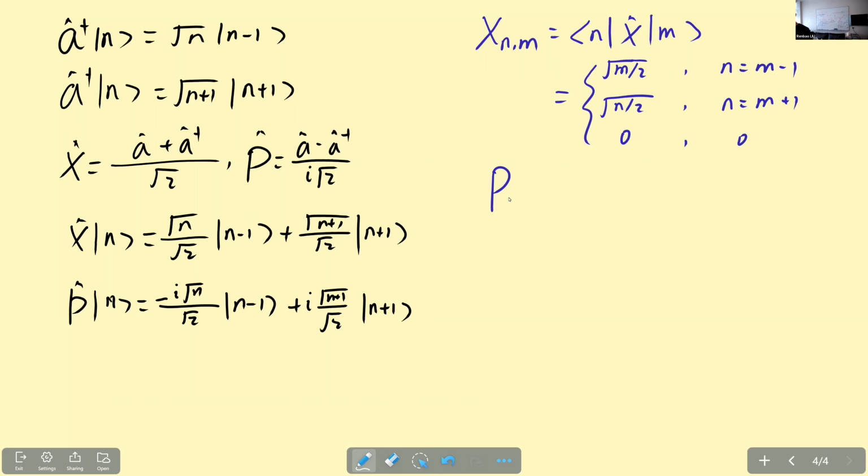Similarly, you can check this for p, that will be minus i, plus i, otherwise always 0.